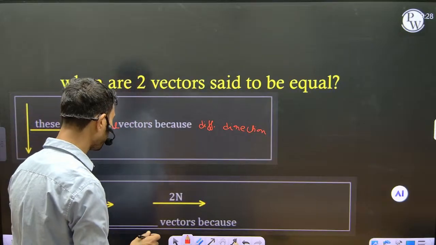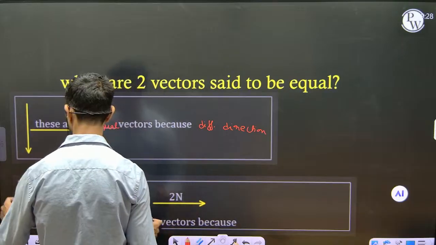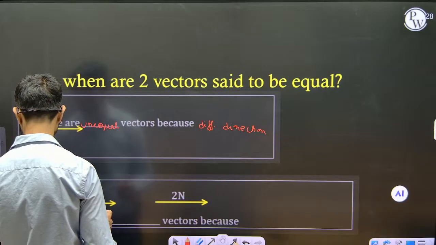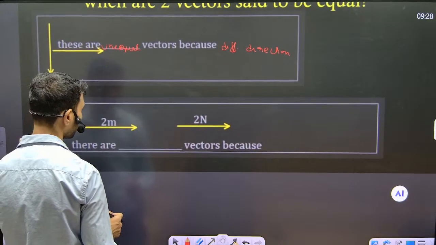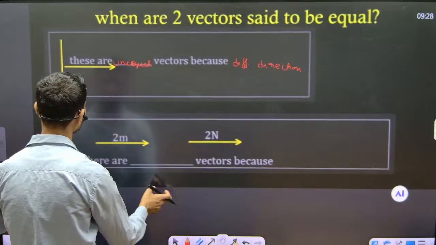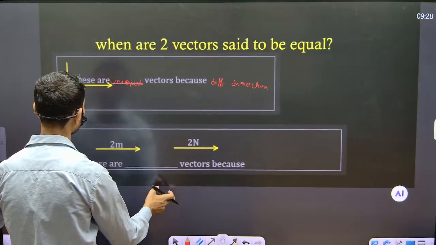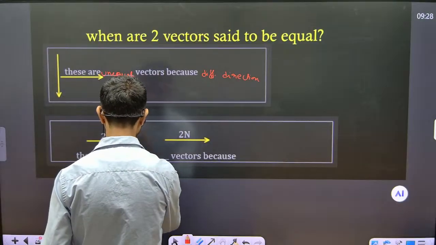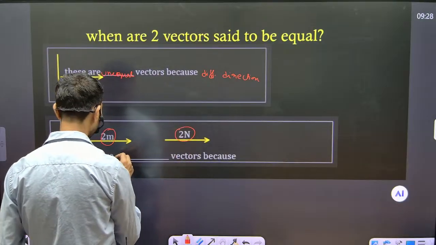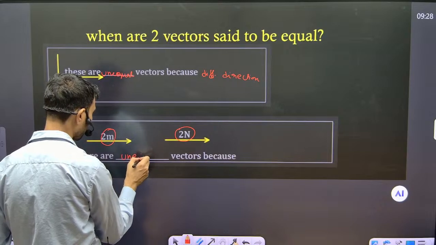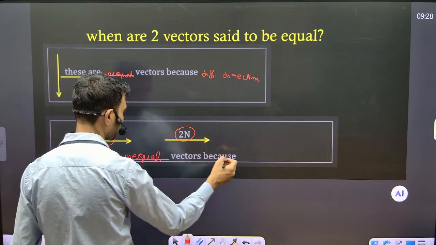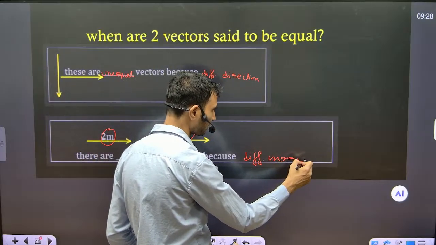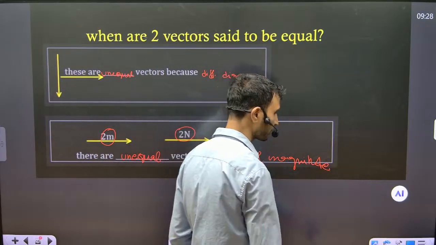And what about these two vectors? They have different magnitude, so they are also unequal vectors because of different magnitude.